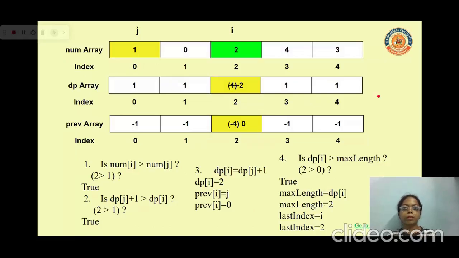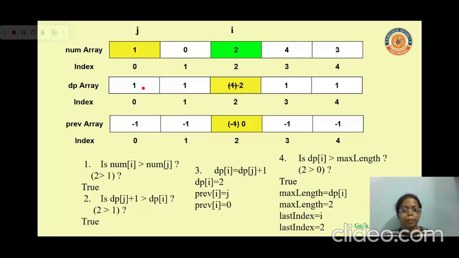But at this position again we will check the condition, is 2 greater than 1? Yes, we will move forward. Is d of j plus 1 greater than d of i? What does this mean?